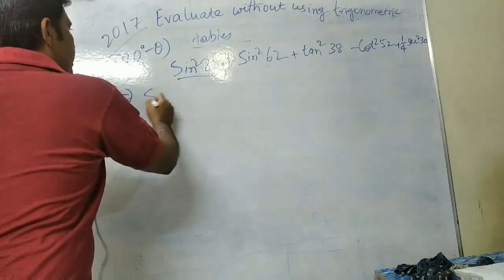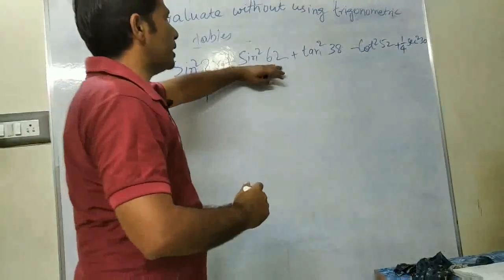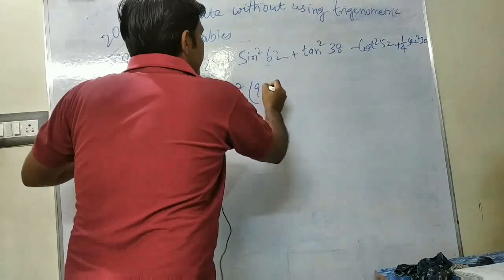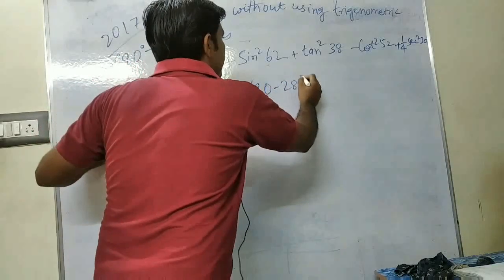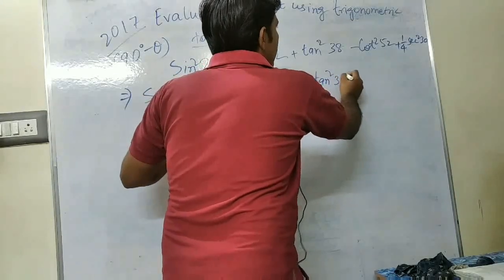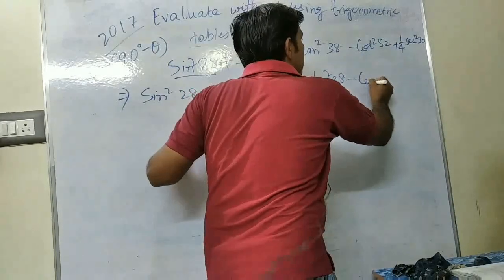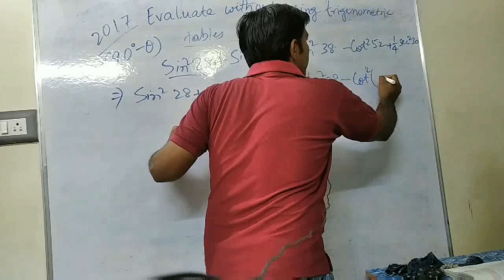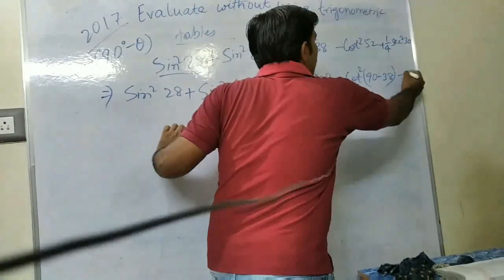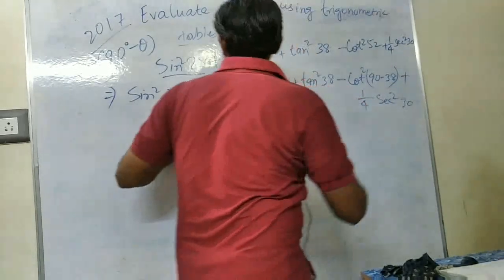So sin square 28 plus, instead of sin square 62 we will use sin square of 90 degree minus 28, plus tan square 38 minus, instead of cot square 52 we will write cot square of 90 degree minus 38, plus 1 by 4 sec square 30.